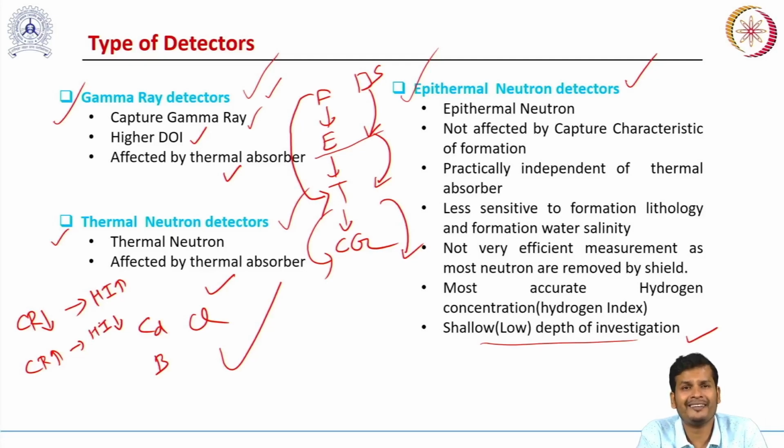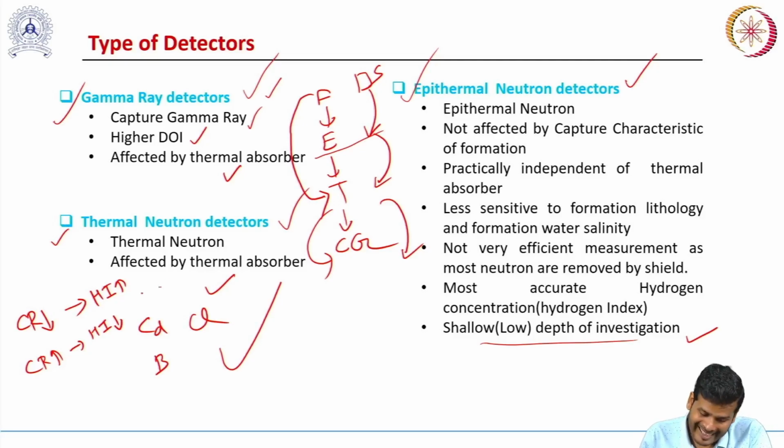If hydrogen content is less, interaction of neutron with the hydrogen nucleus will be very less, so the fast neutron will be converted to thermal neutron at a far distance from the source. So the thermal neutron will be captured farther from the source, and the capture gamma ray will be emitted farther from the source. So if we are monitoring the thermal neutron count rate or the gamma ray count rate, we will have a high count rate when the hydrogen index is low.